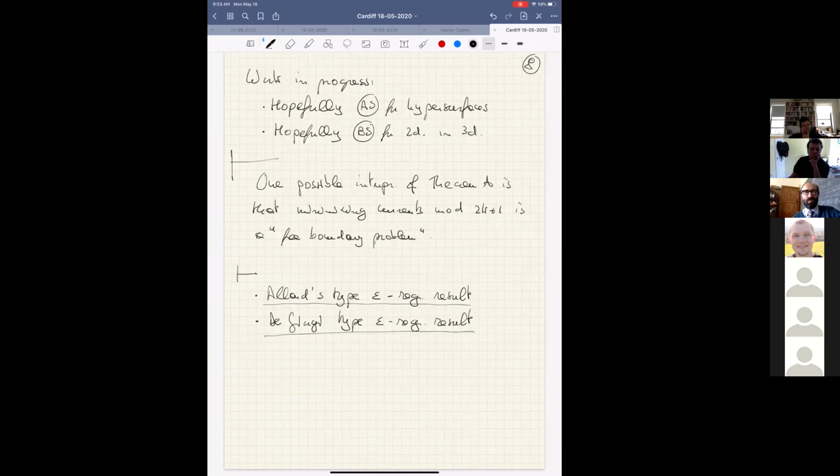Very good. So the Allard-type epsilon regularity result, which was predated by De Giorgi, Allard being more general, is an epsilon regularity result of the following type.